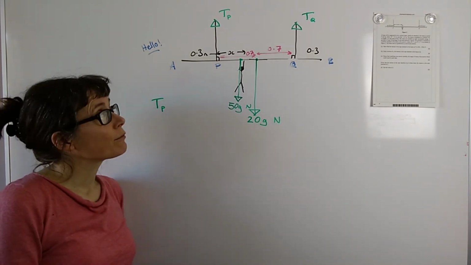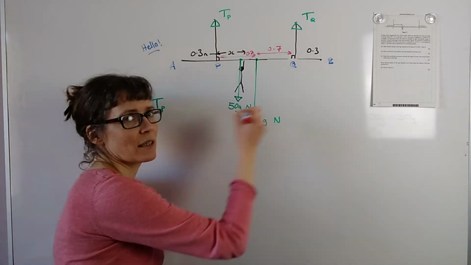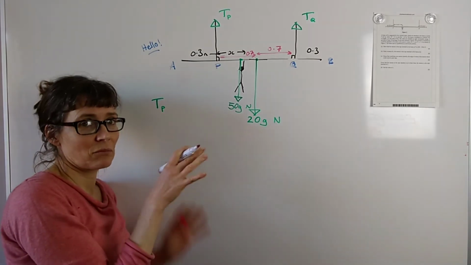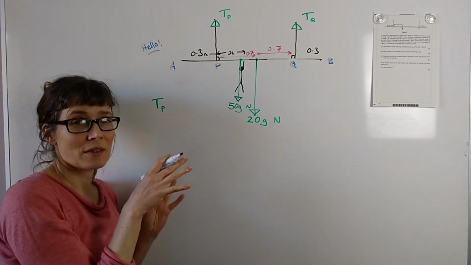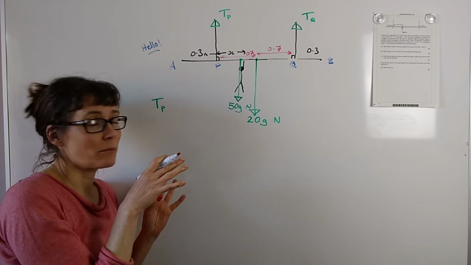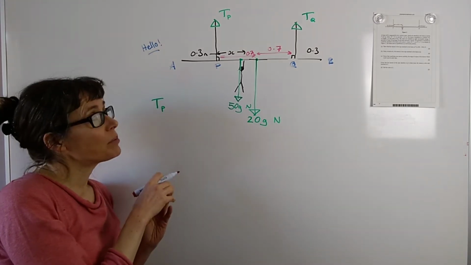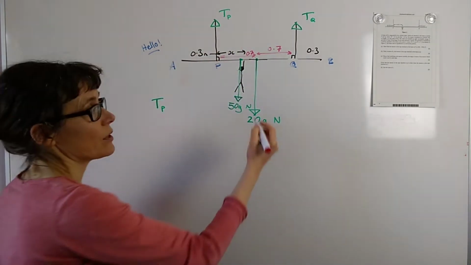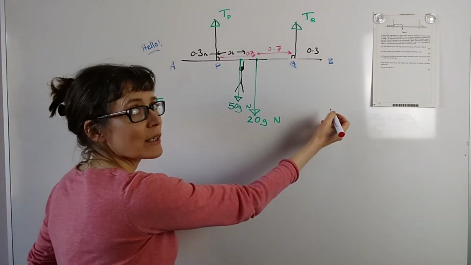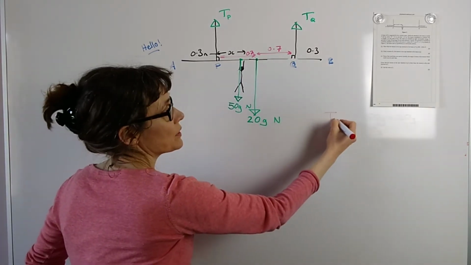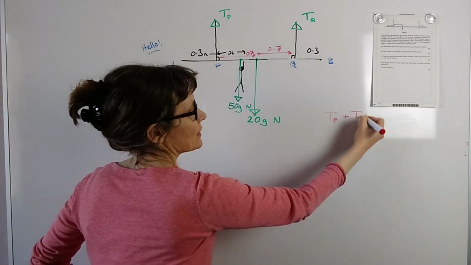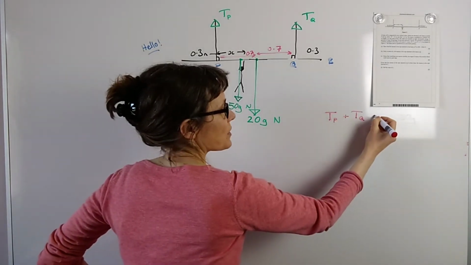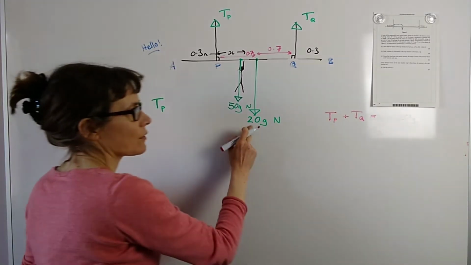The forces upwards, TP added to TQ, balance the two forces acting downwards, the 20g plus the 50g. So that gives me a nice result: TP plus TQ equals 20g plus 50g. If I know one of them, I can work out the other. I'm not going to get rid of my g yet, although we will use 9.8 as g. Okay, so that doesn't directly tell me what TP is, which is what I'm trying to find.